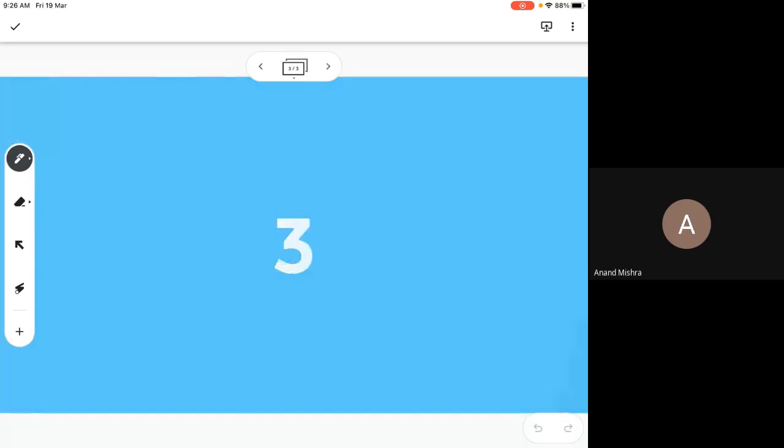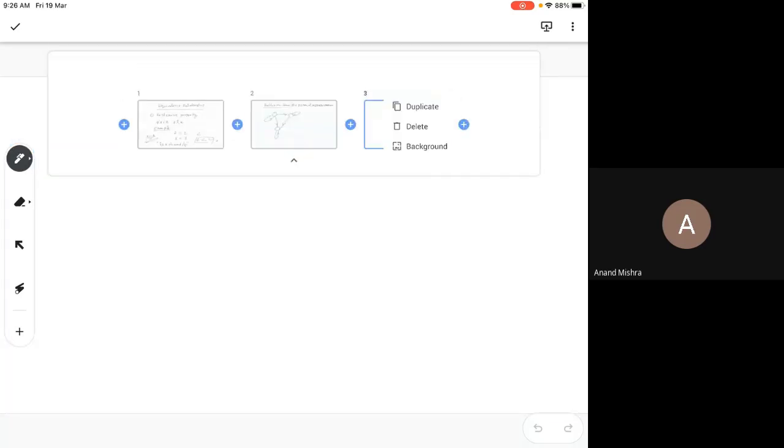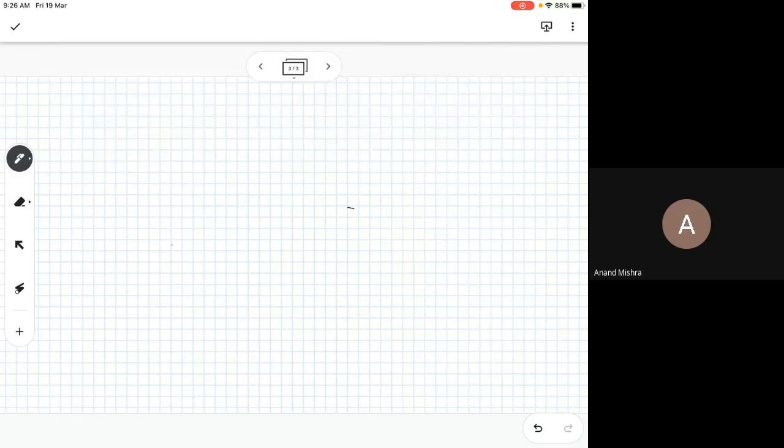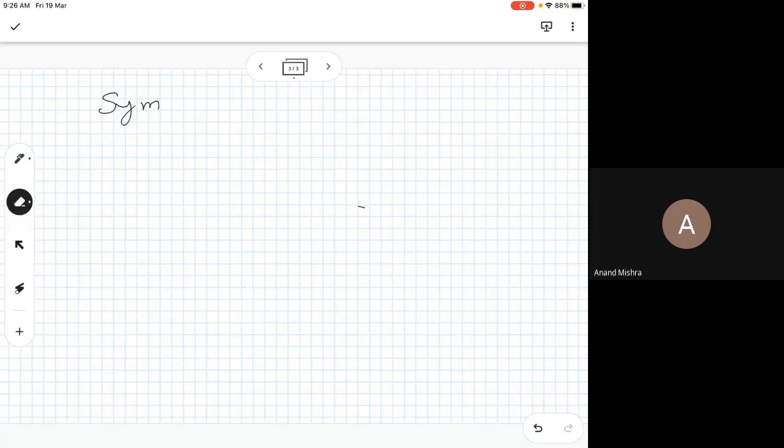Okay, next property. The next property of a relationship is called symmetric.